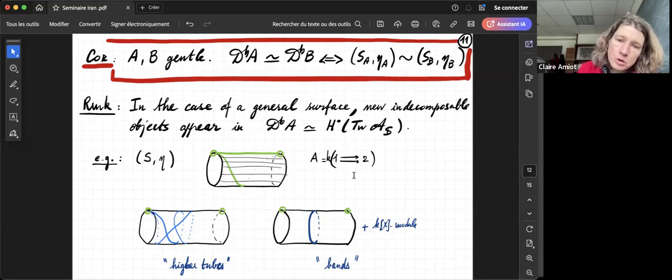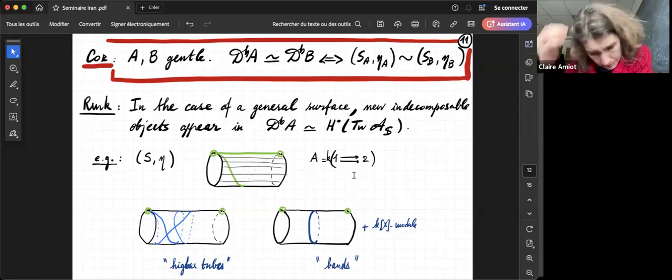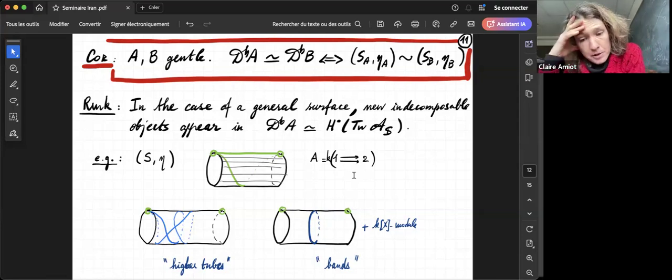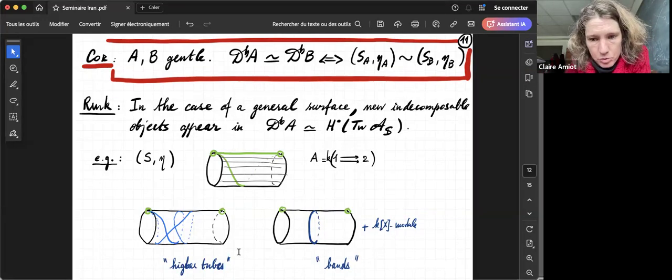And now you know the derived category of the Kronecker quiver is much more complicated than the derived category of the AN quiver. In particular, you have tubes. You have one parameter families of indecomposable objects. And here, these tubes correspond to arcs.